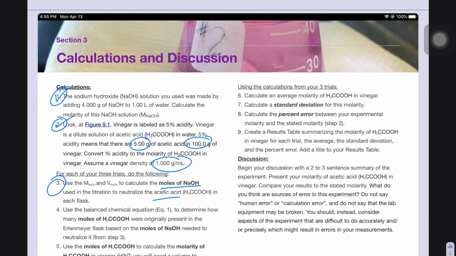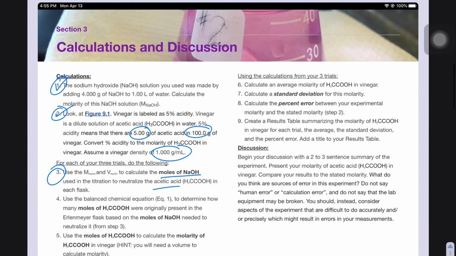We added that to our Erlenmeyer flask containing our vinegar until it turned pink, or until the sodium hydroxide neutralized all of the acetic acid. So now, because we know the exact volume of sodium hydroxide we added, and we know its exact concentration because you calculated that in step 1, we can calculate exactly how many moles of sodium hydroxide we added to our flask in order to neutralize the acetic acid.